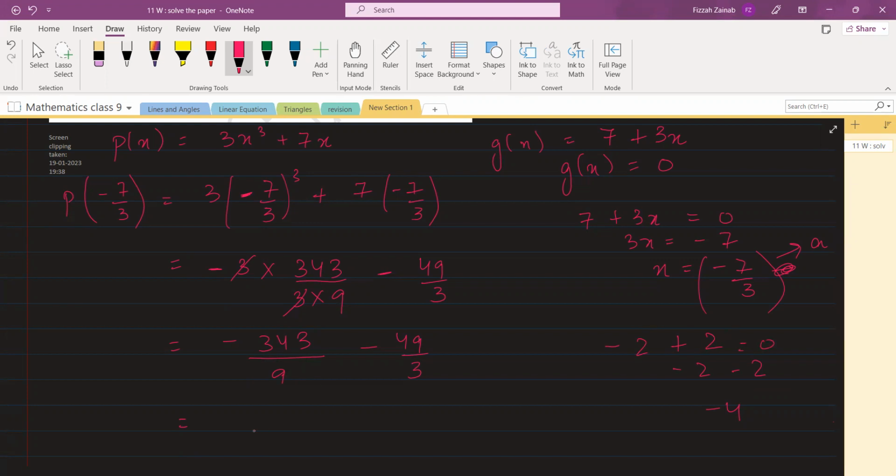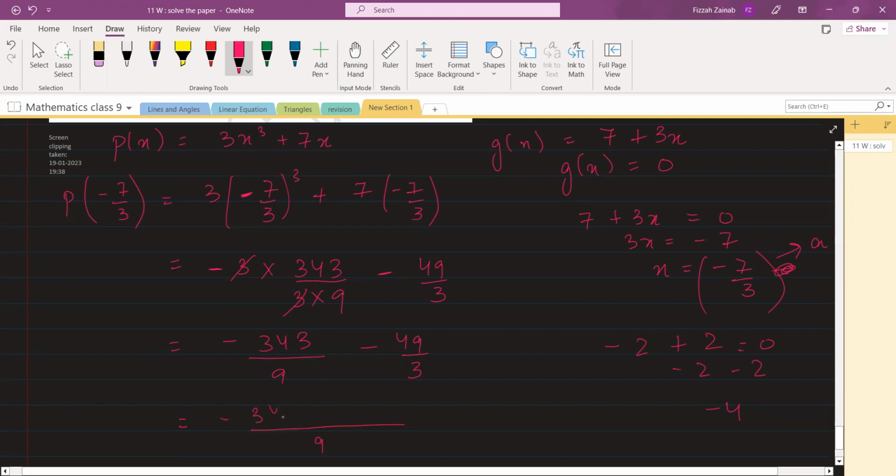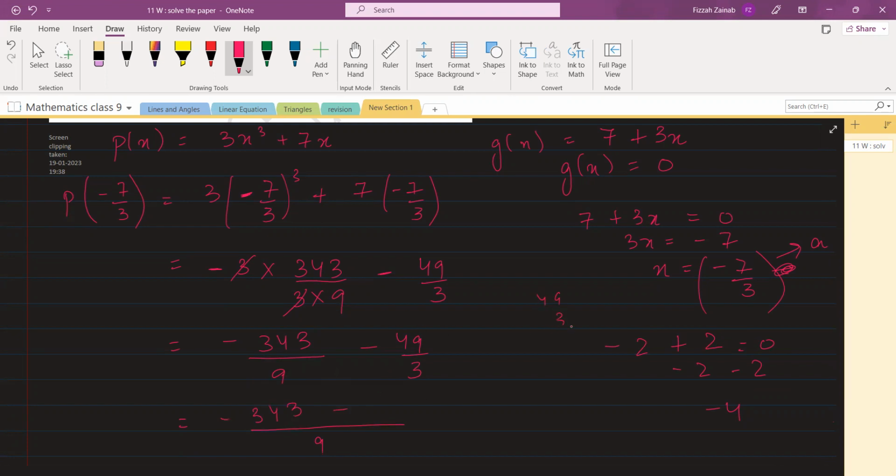But so you can just simplify this, take LCM, which is 9. So minus 343 and then minus, so 3 into 3 and then 3 into 49. So 49 into 3, 3 into 9 is 27, 12, 13, 14. So minus 147. Now minus and minus, so both will add, but with a minus sign. So 7 and 3, 10. Carry 1, 4 and 4, 8 and 1, 9, 3 and 1, 4, and then divided by 9.